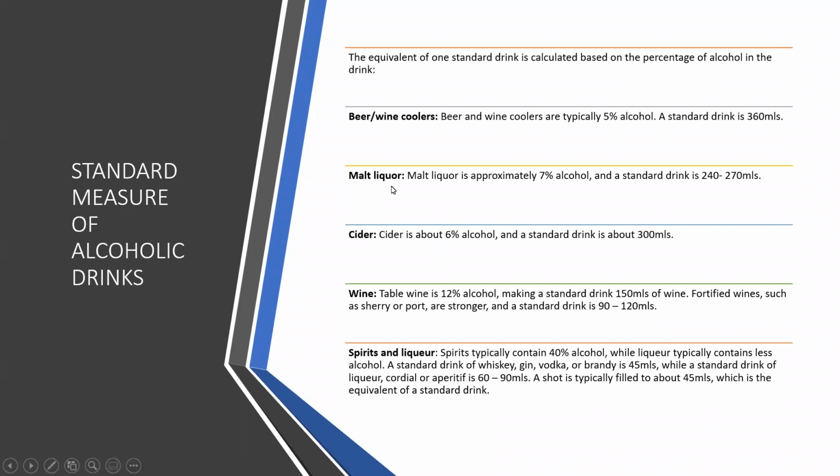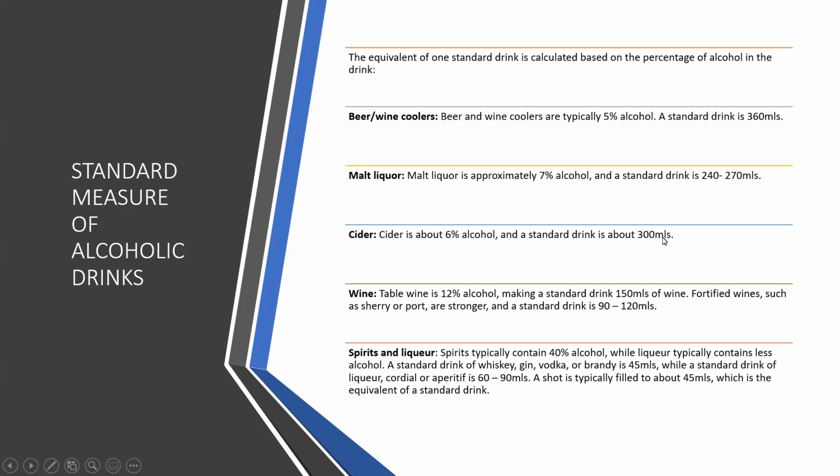Those using malt liquor, this consists of approximately 7% alcohol. Its standard drink is 240 to 270 mils, which could be a glass. And cider consists of 6% alcohol.